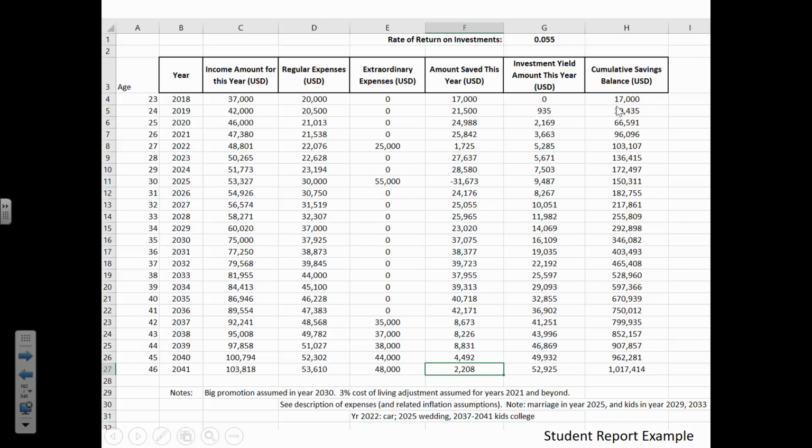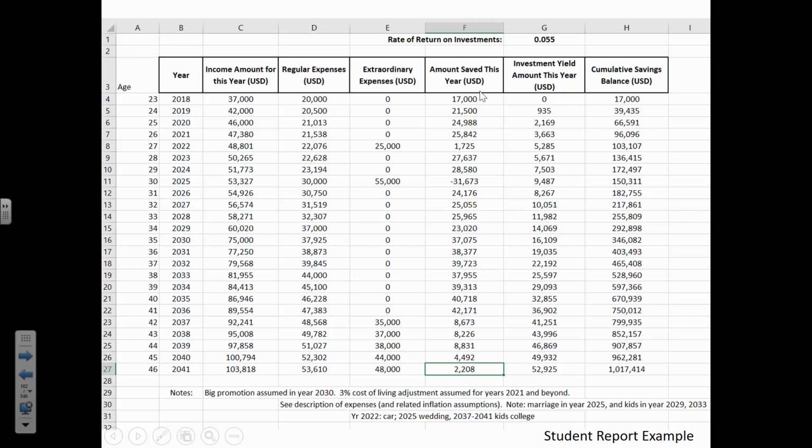So in the second year, the cumulative savings balance is how much money was in the account last year, plus how much new money you put in this year, plus how much interest was added based on last year's balance. This is probably the most common mistake I see in the project: people not understanding these last 3 columns.